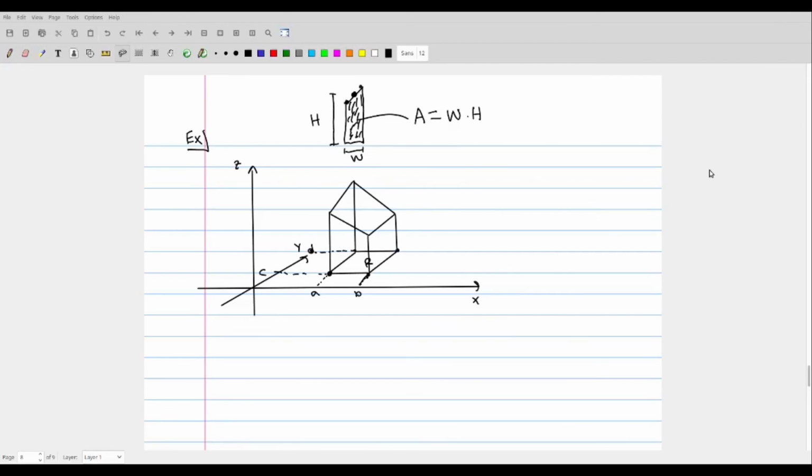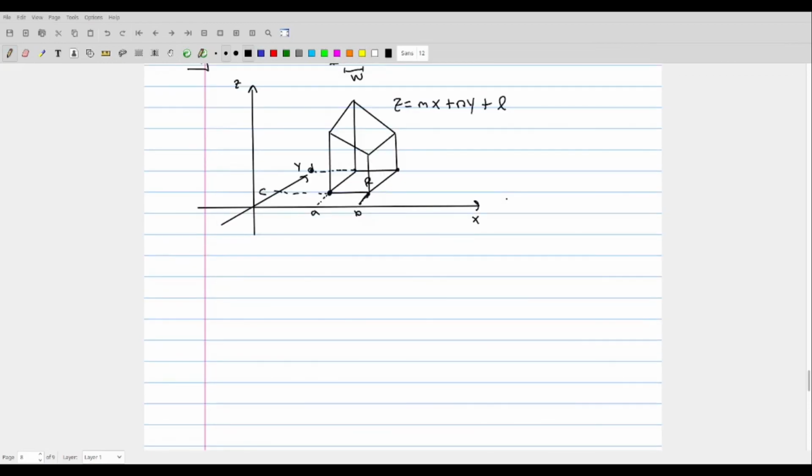So the top of this trapezoid is a plane, therefore it's going to have the equation z is equal to mx plus ny plus L. And we're going to assume that the values m, n, and L are giving us a plane that is above the xy plane. So you have a picture that looks like this.